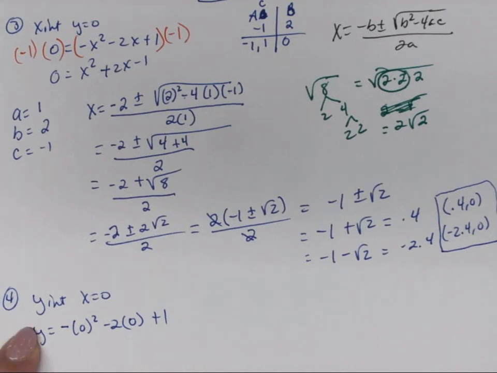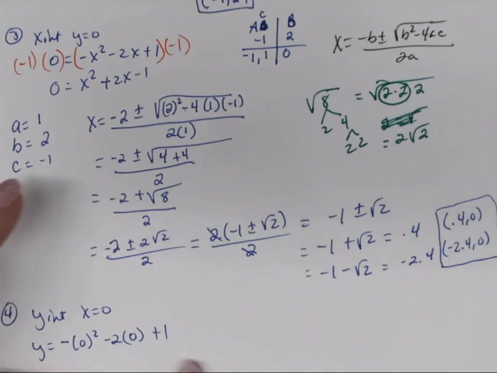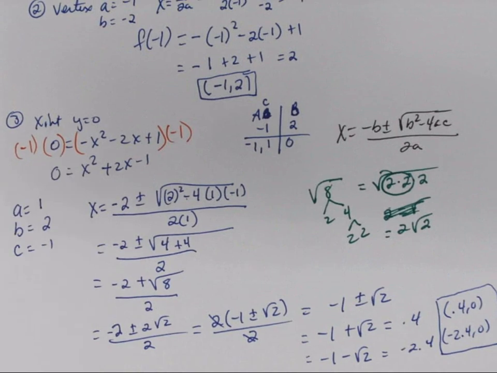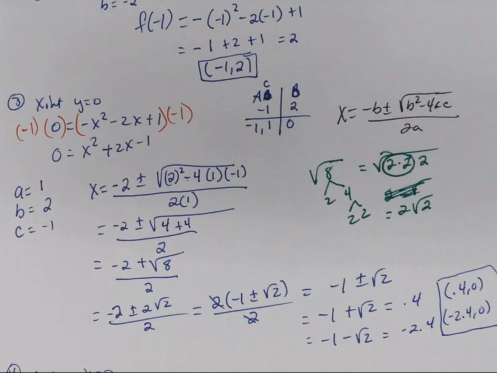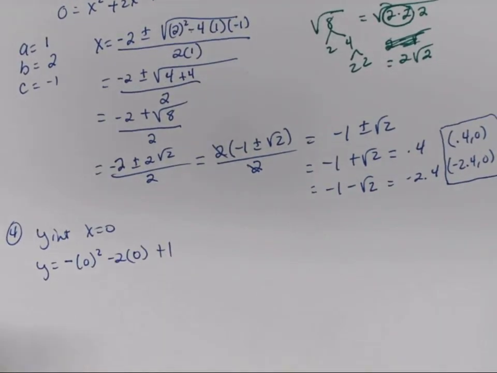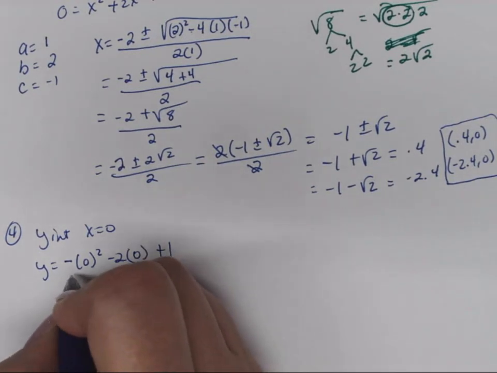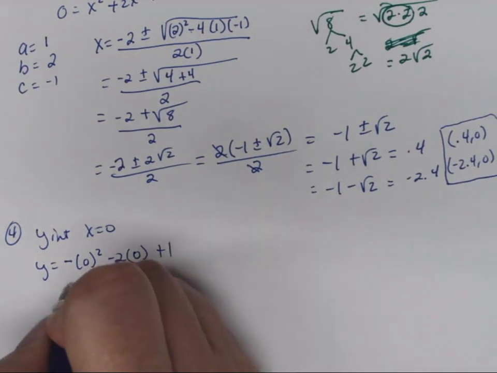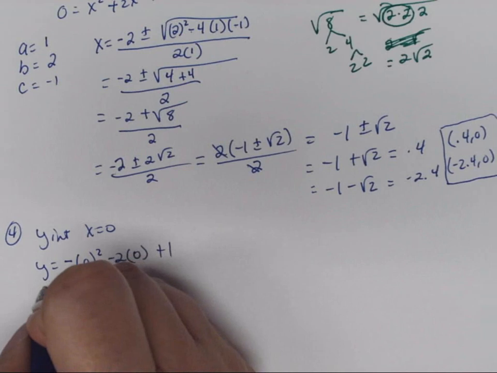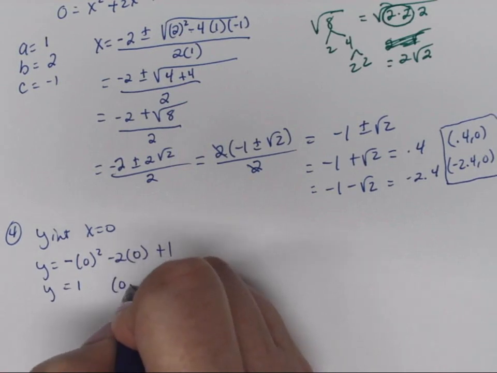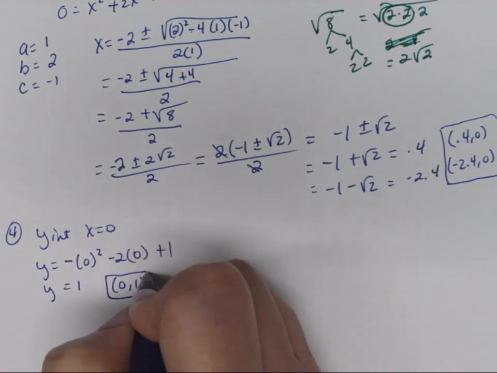So for this, you actually have to go back to the original function. If you don't, you won't get the same answer because on the previous one, we had it set equal to 0. And in this case, the y is not equal to 0, so you can't do the same thing. So go back to the original. So that tells us it's equal to 1. So that means that our intercept will be 0, 1.